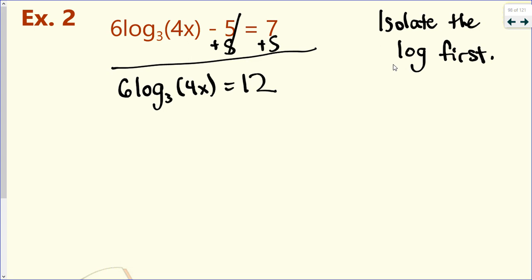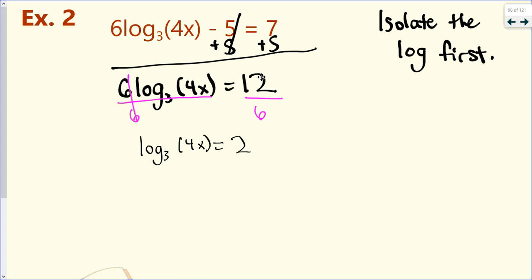And then I can divide by 6 to isolate the log. So I get the log base 3 of 4x equals 2.